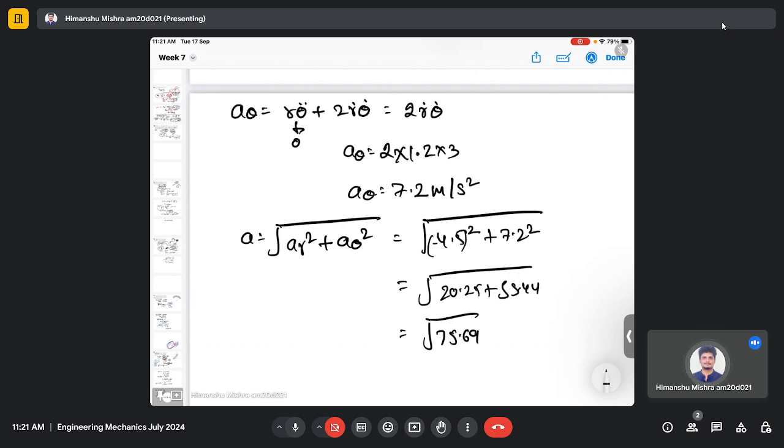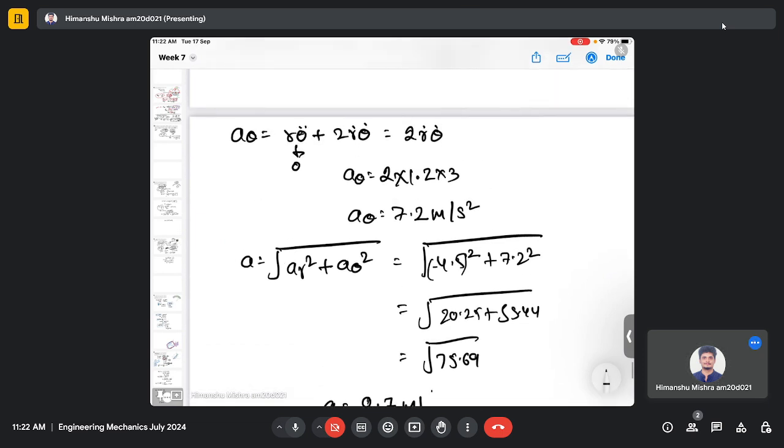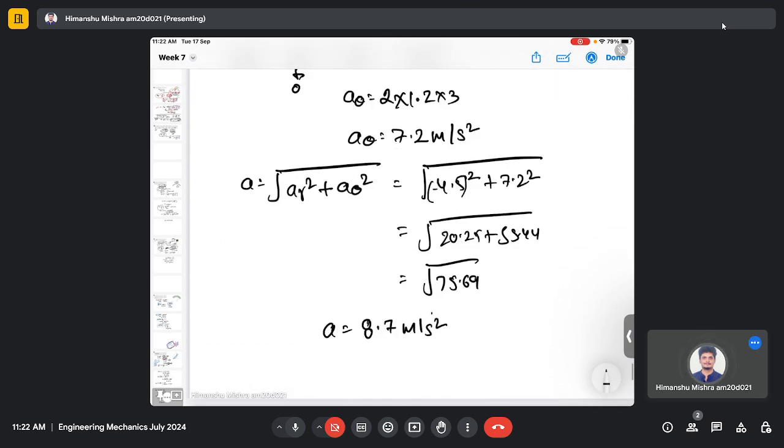So on calculating, I will get magnitude of acceleration as 8.7 meter per second square.